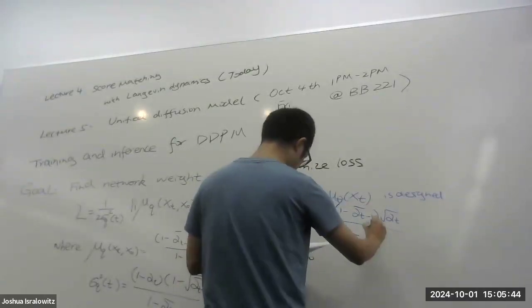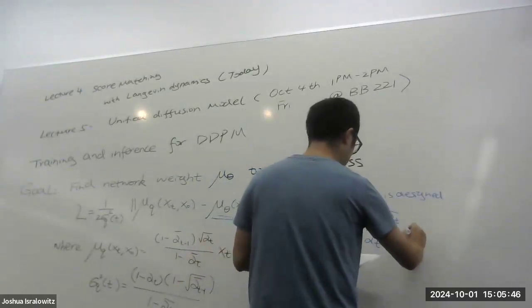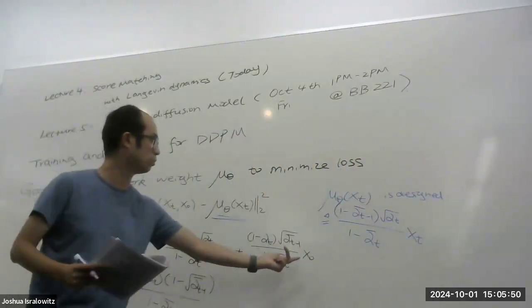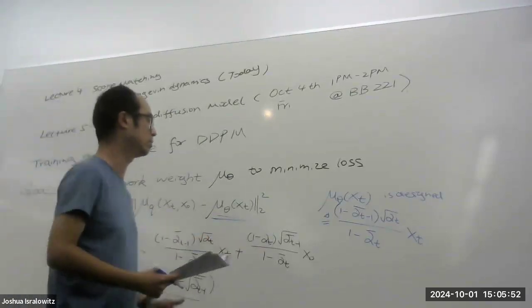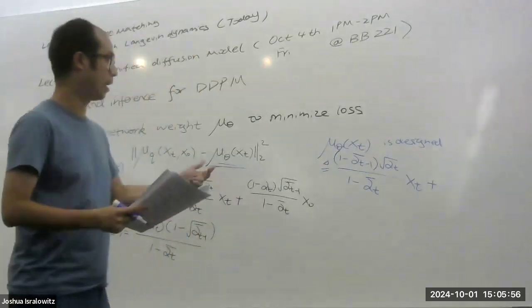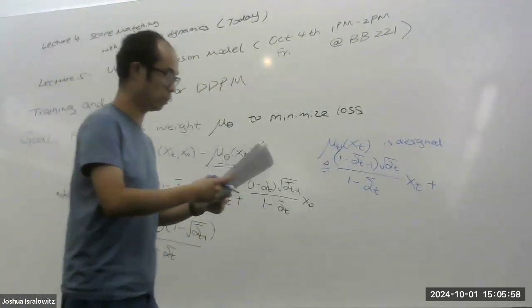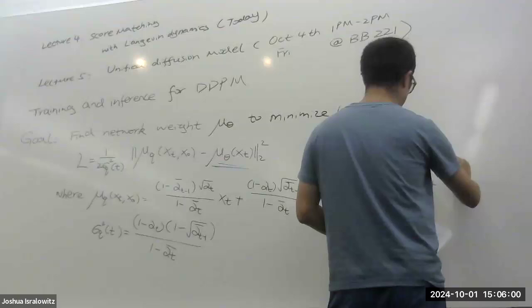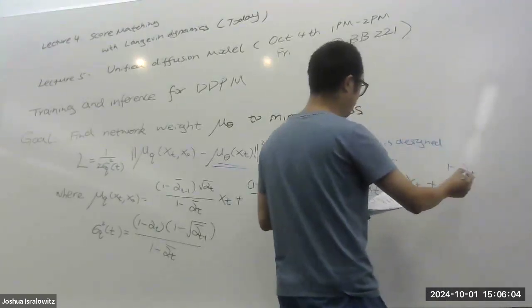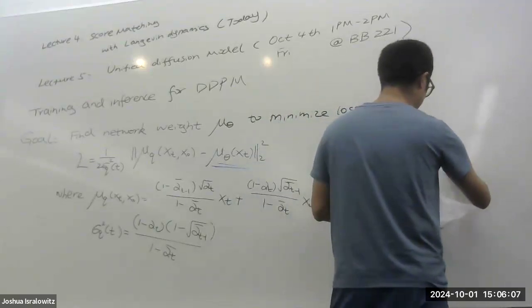So this can be treated as a constant, but we just don't know x0. And the key is we're trying to learn this kind of denoiser that can denoise from xt to x0.